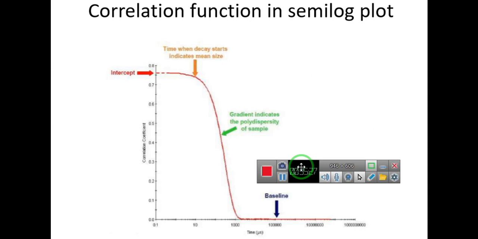You want to see how similar they are with respect to the time, because when they are not similar, this is the time that the signal is going to change, the fluctuation is going to change, and this gives you the information about the size, because based on the size and the movement of the particles, the light intensity is going to change.